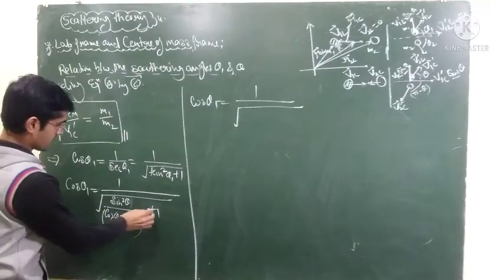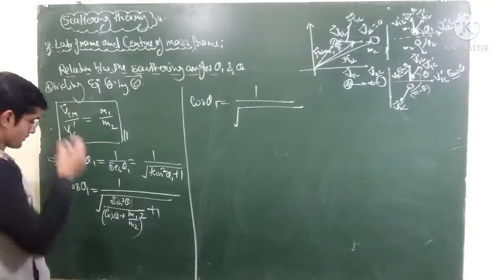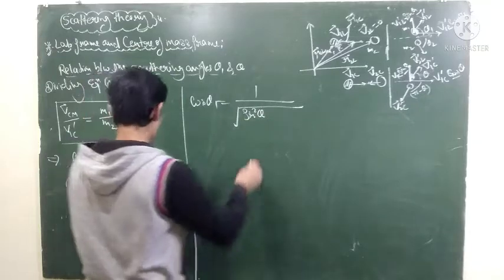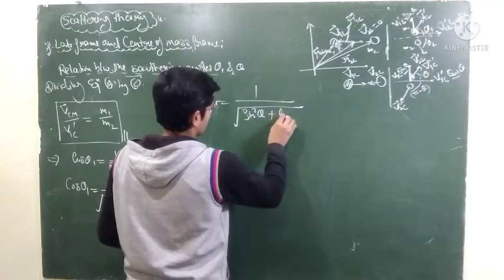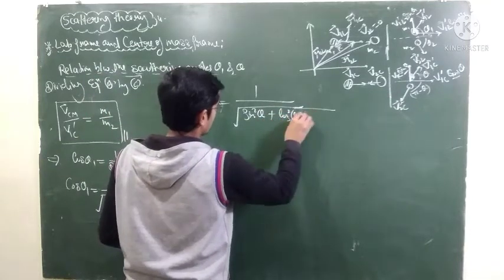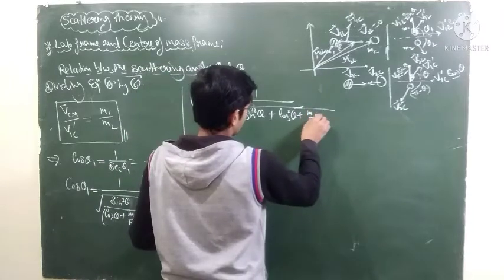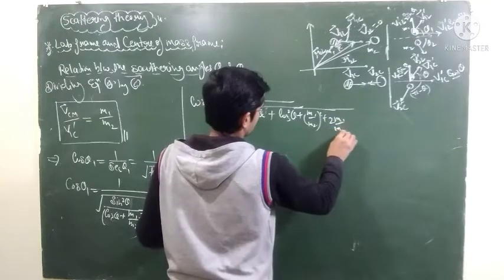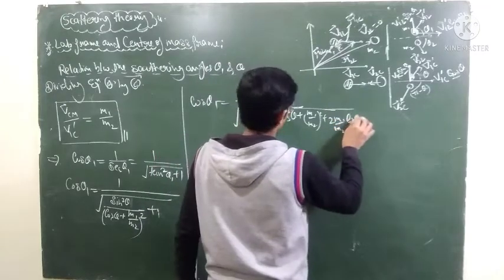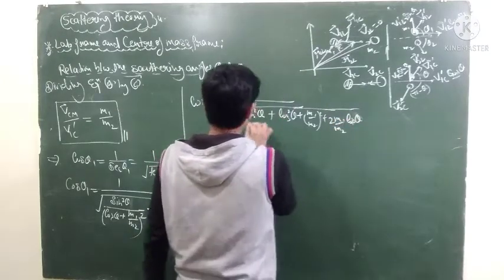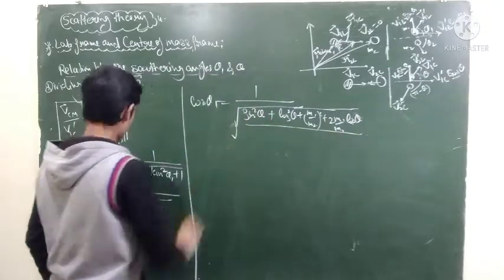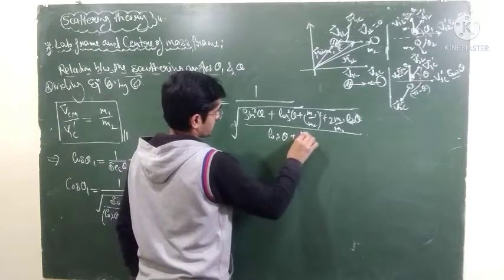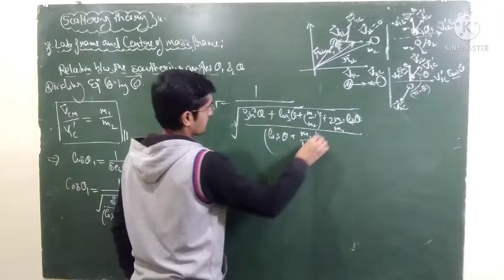You can take the LCM and do basic algebra again. So it will be sine square theta plus cos square theta plus m1 over m2 square plus 2 m1 over m2 cos theta, divided by cos theta plus m1 over m2 square.